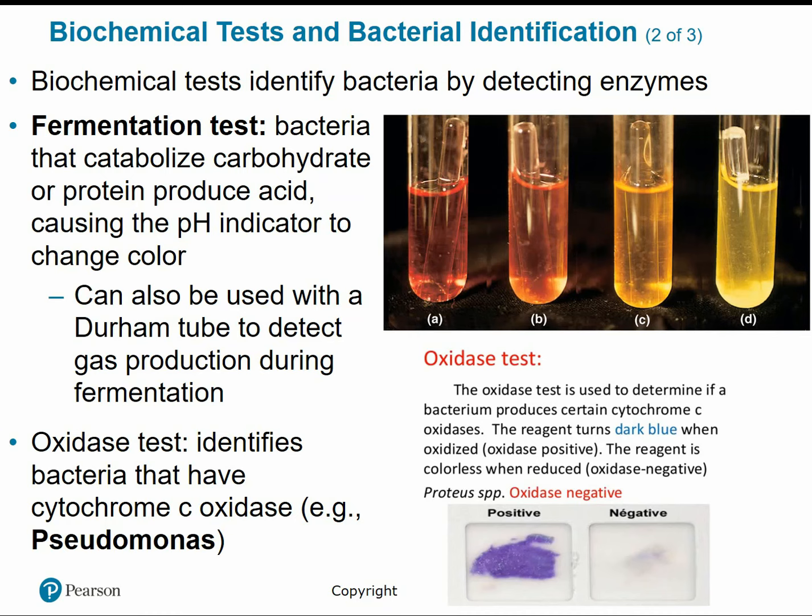We can also test for fermentation by looking at a Durham tube for gas production, if there are CO2 bubbles forming. An oxidase test identifies bacteria that have a specific enzyme called cytochrome C oxidase. If the enzyme is present, it will be able to oxidize the reagent and give a positive result. If the oxidase enzyme is not present, the chemical reaction won't occur and there won't be a result.